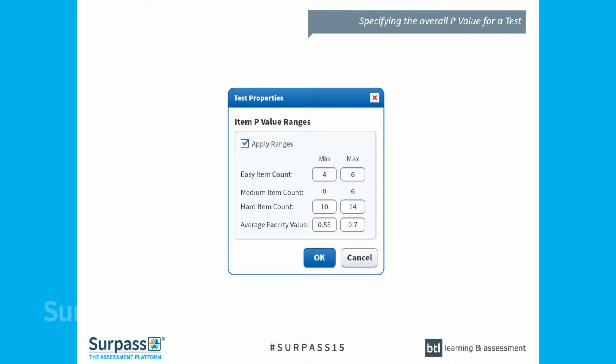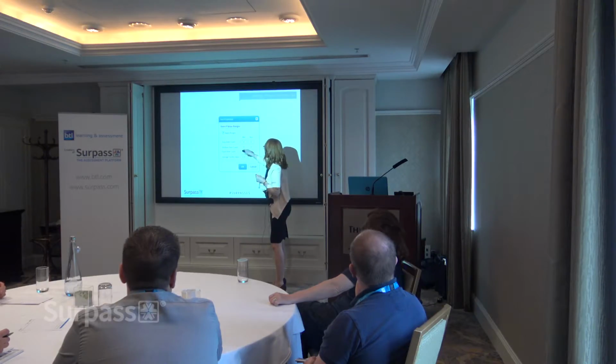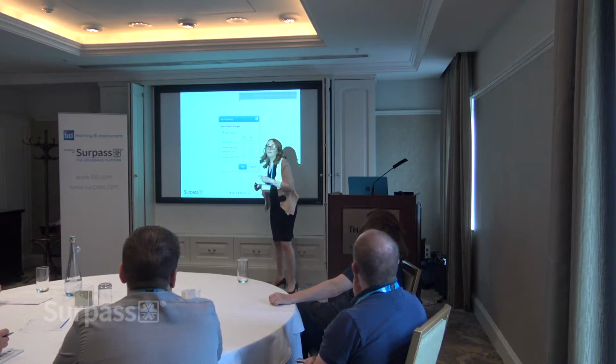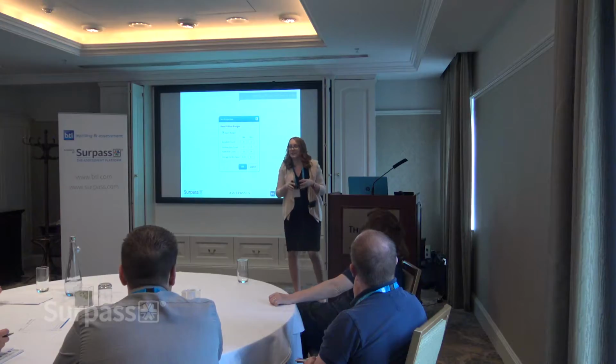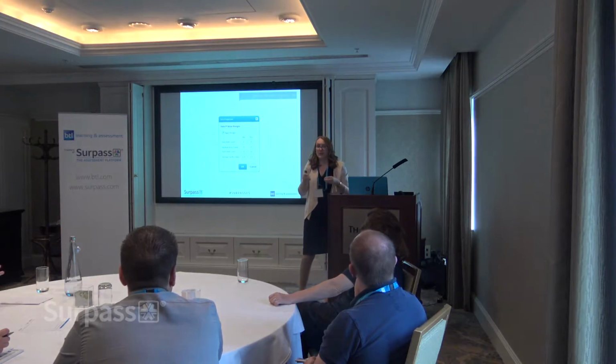This lets you actually specify value ranges for your test as a whole rather than for one rule. If you come in here and fill this in, this section automatically populates based on what you write here and here. You can say the minimum and maximum number of easy items that you'll allow. If you want to create quite a difficult test, you can say, right, absolute maximum, I only want 3 easy items in there.